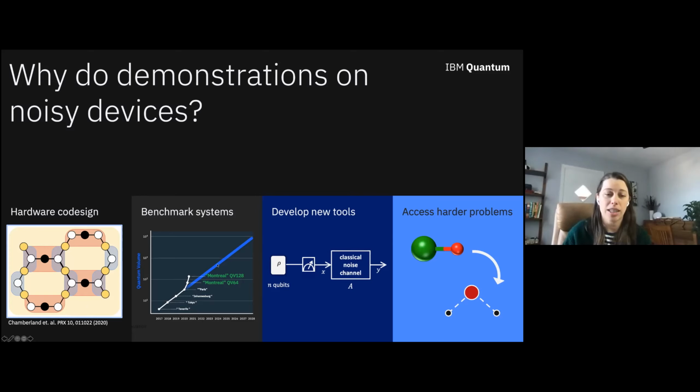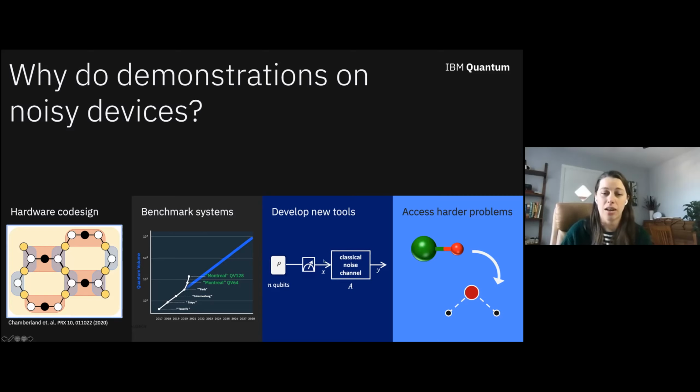The next component here, I think, is fairly obvious, that doing demonstrations allows us to measure progress and prove that we are making progress on our devices and our full stack, really. So I'll talk a little bit about this and focus on one specific example.